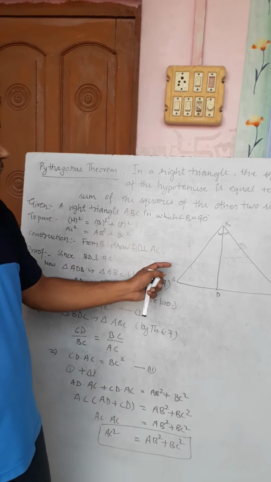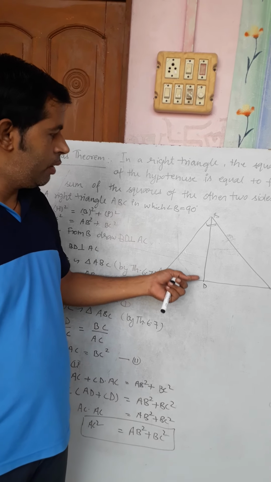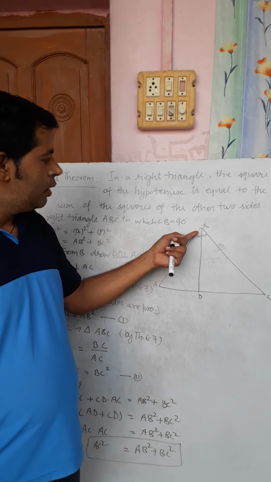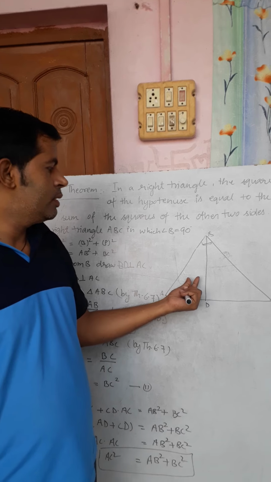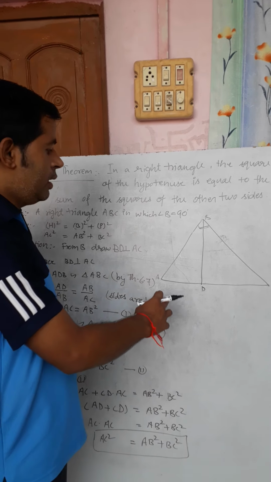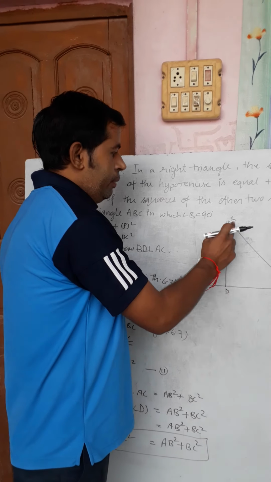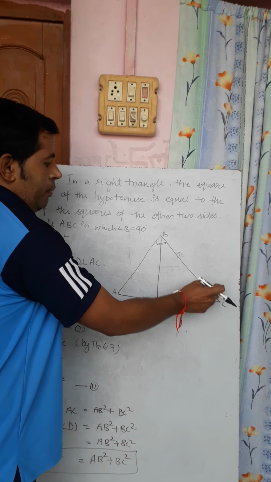According to theorem 6.7, if we have drawn one perpendicular from the 90 degree vertex, these two triangles will be similar to the given triangle, that is ABC. Now we can say triangle ADB is similar to triangle ABC and triangle BDC is similar to triangle ABC.